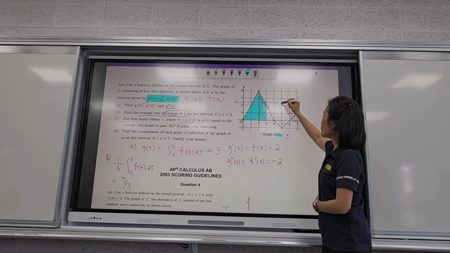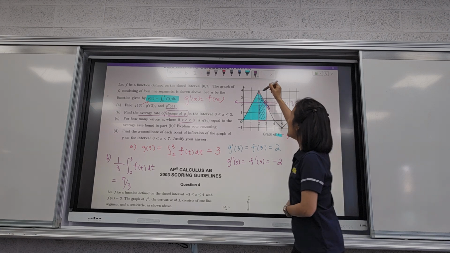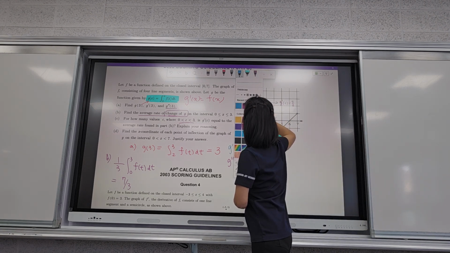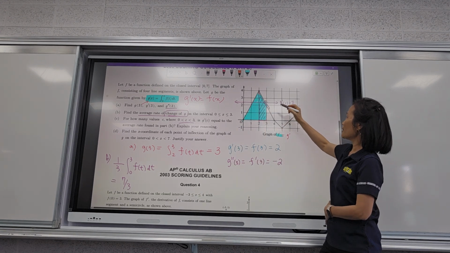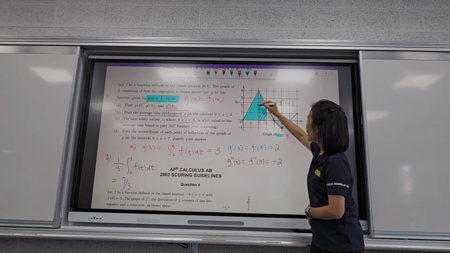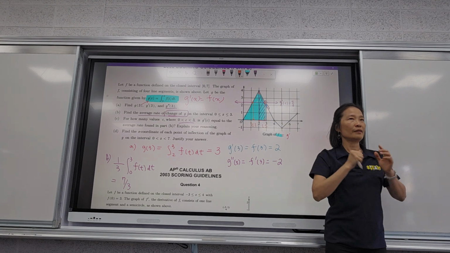So g prime of c is equal to 7 over 3. How many values of c exist such that g prime of c is 7 over 3? Look for how many intersecting points, right? This is c1, this is actually c2. 2 intersect.